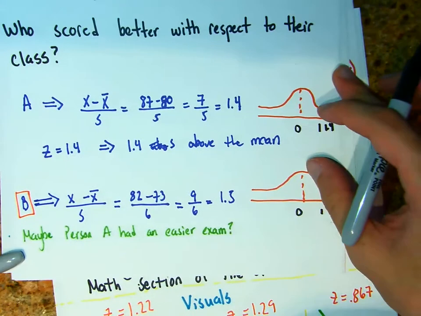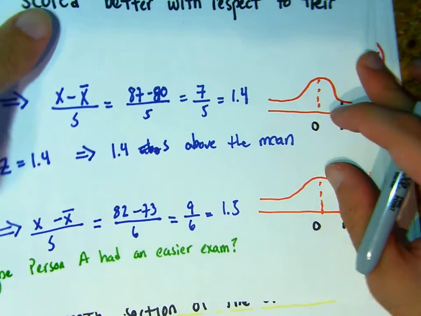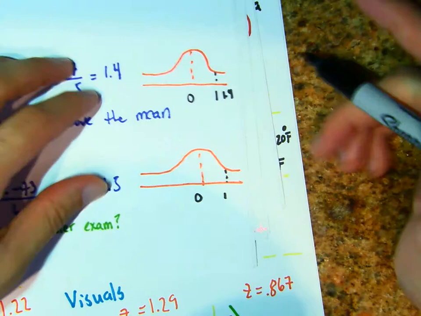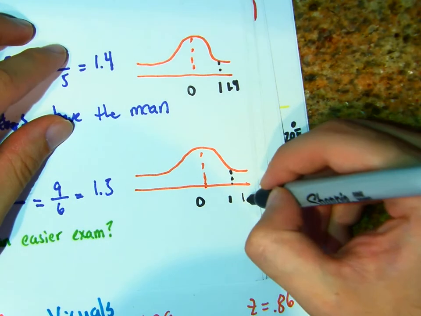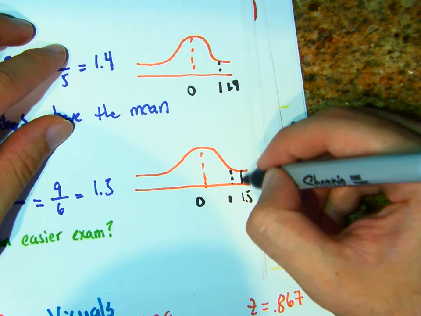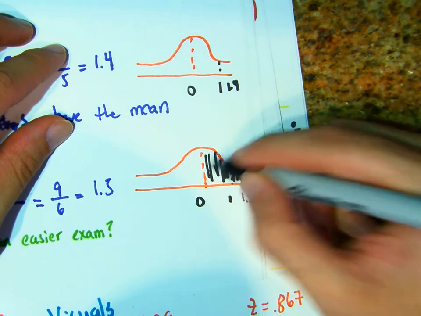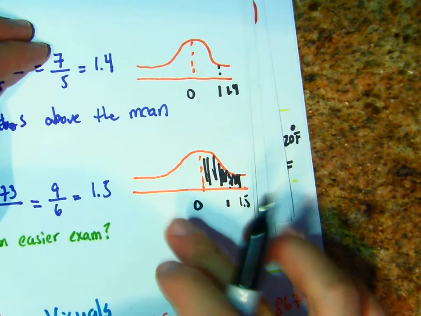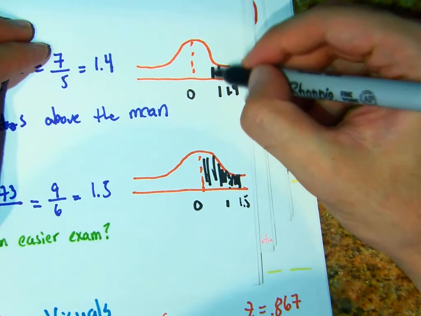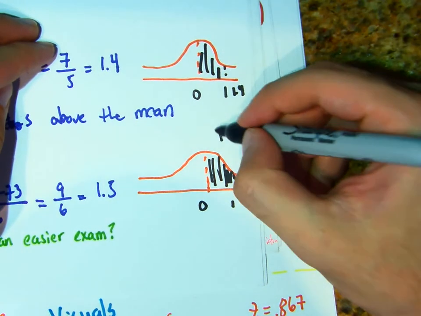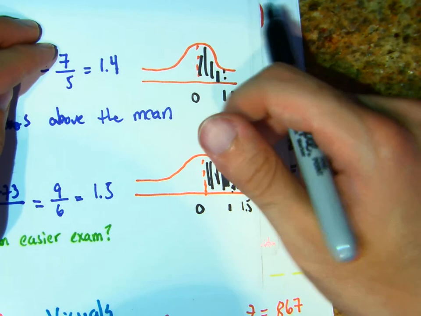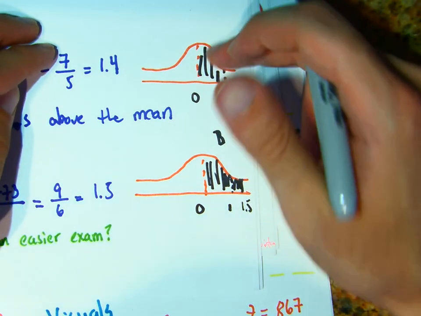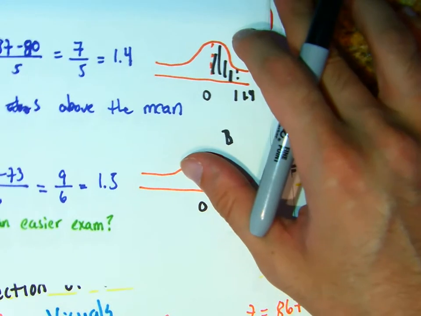My bad, let me zoom in a little bit. This is 1.4, and this is 1.5. Notice 1.5 is farther to the right from the mean than 1.4 is. So this student B did better on their exam with respect to the class than student A. And that's the idea of a z-score.